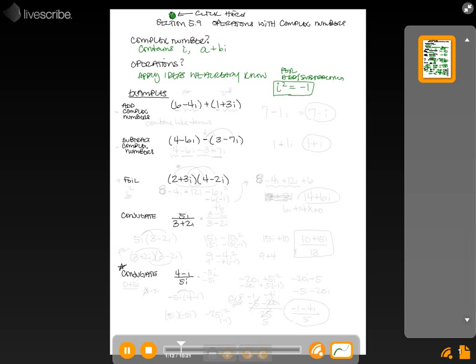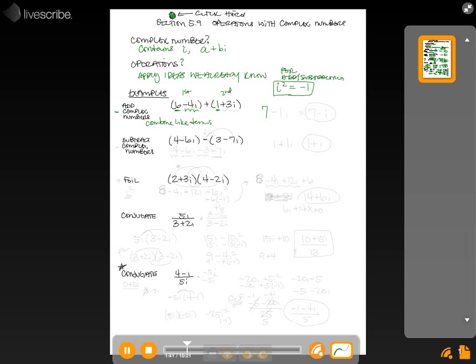The first example is adding complex numbers together. So we have, in parentheses, the first complex number, 6 minus 4i, and then our second complex number, 1 plus 3i. Really all we're going to do is combine like terms. Well, I have a 6 and a 1. They're being added together. 6 plus 1 is 7.